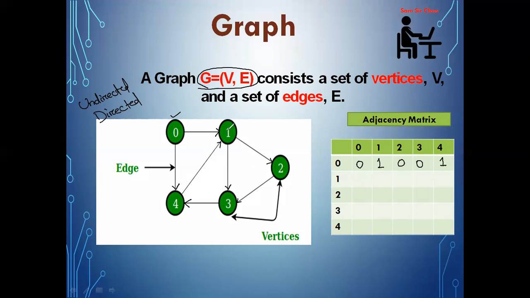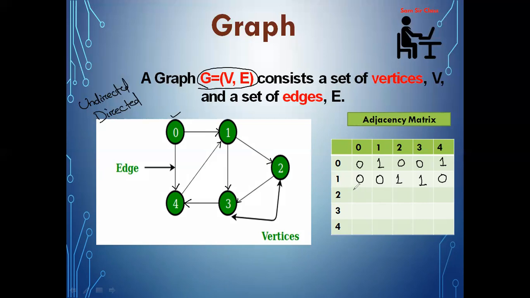Now coming to vertex 1, 1 to 0, there is no edge or there is no direction. So we'll put 0 here. 1 to 1, also there is no direction. 1 to 2, yes, there is an outward edge. So we'll put value 1 here. 1 to 3, available. 1 to 4 is not available. So 0.